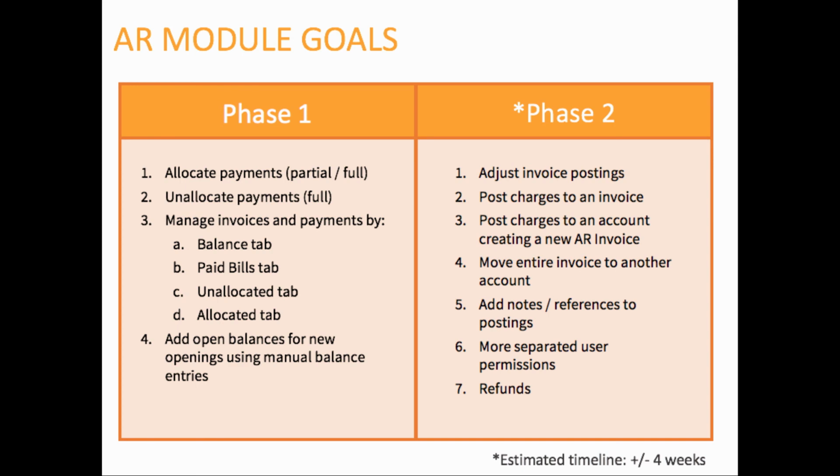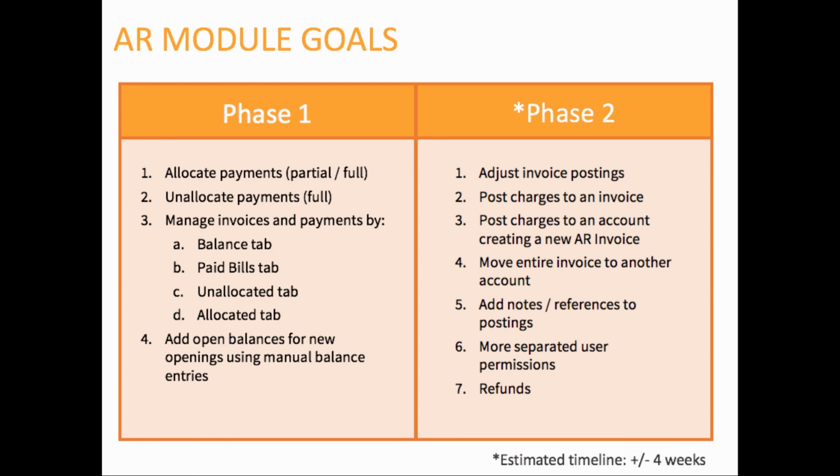So that ability to post a charge to an account, creating a new AR invoice directly, will be tied in there. But for most hotels, the manual balance as it's being released tonight is not going to impact you. It will be impacting hotels that transition in the near future.